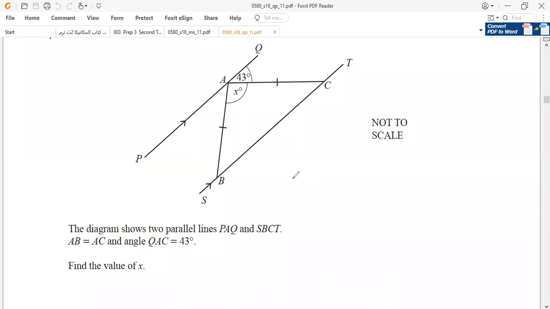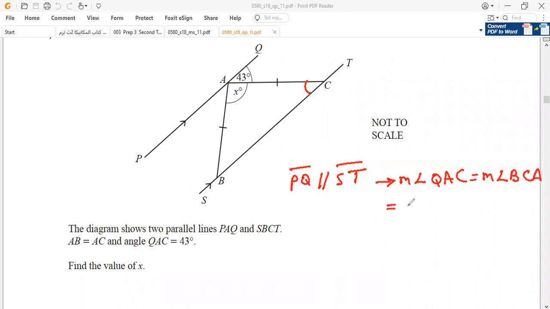Here, PQ parallel to ST, therefore measure angle QAC equals measure of angle BCA, this angle here, BCA equals 43 degrees. So this angle here will be 43.